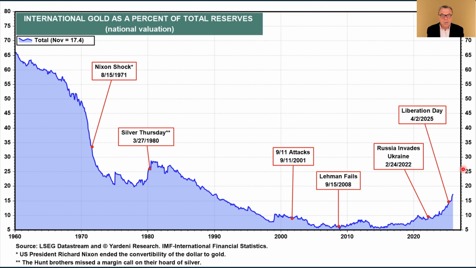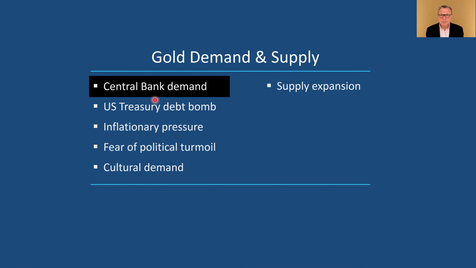There's $18 trillion of foreign reserves in central banks other than the US. The US has a reserve currency, and a bigger proportion of that $18 trillion could easily go into gold. So I'm expecting this central bank demand to hold up well into the long term.